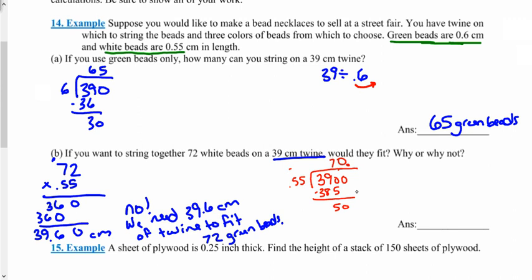Okay, 70 and then just a little bit of change here. So will they fit? No. Still no. Only 70 white beads fit on here. All right, so either one of those would be fine. You could do it either way. You're still going to get the same answer.